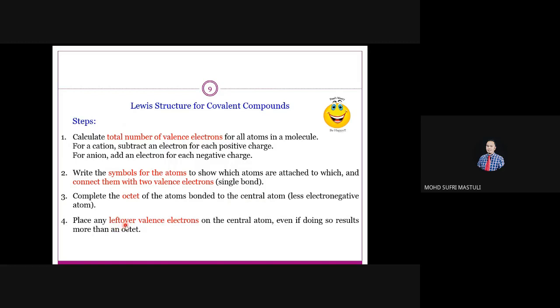Any leftover valence electrons, you can place on the central atom.